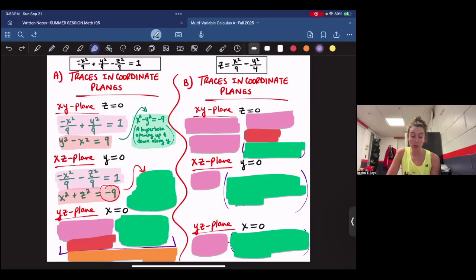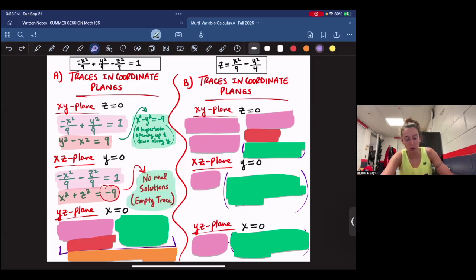And then also let's divide both sides by -1, and we get positive x squared plus z squared is equal to -9. But straight off the bat, you can see that this is a contradiction, because anything squared plus anything else squared, when we're dealing with the real number system, would get you a positive value. And because it's negative here, we know that we have no real solutions. It's an empty trace.